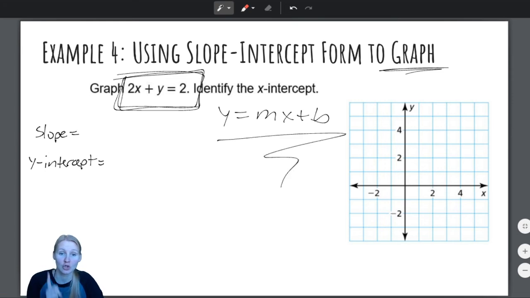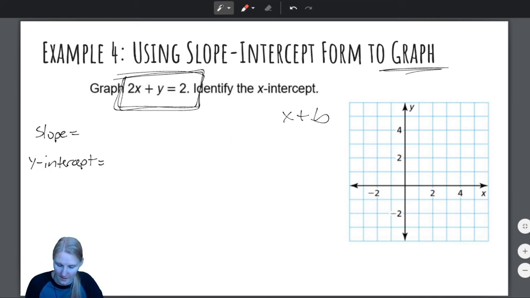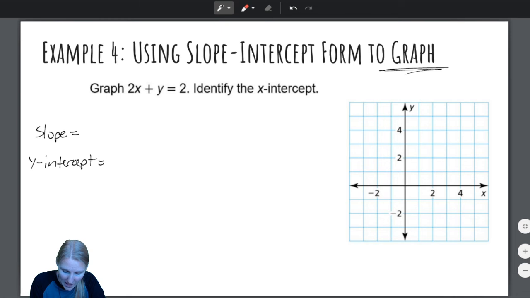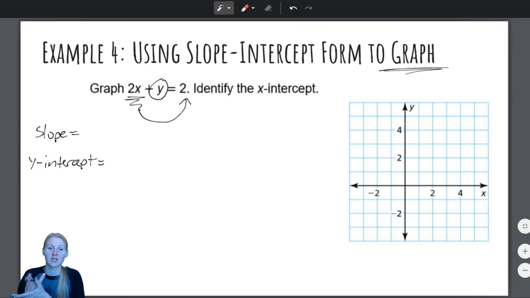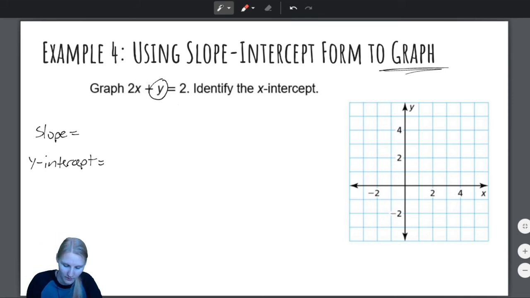So I need to solve for y. That's the first thing I need to do. If I'm trying to get y by itself, I need to get rid of the 2x, and to get rid of the 2x, I need to move it over to the other side of the equation. So we're going to subtract 2x on both sides, and it goes away on this side.